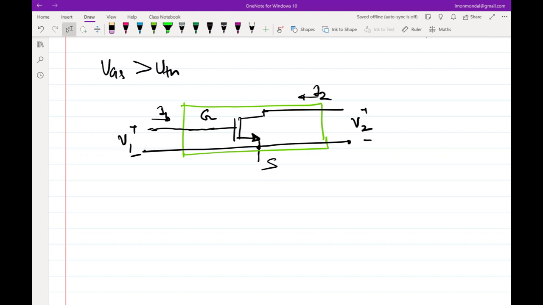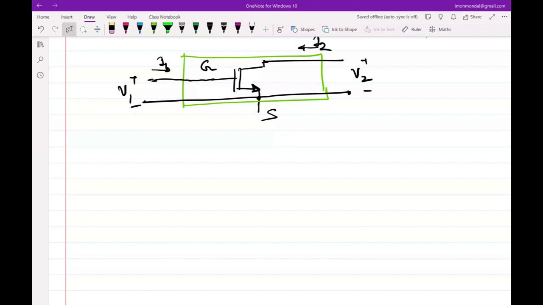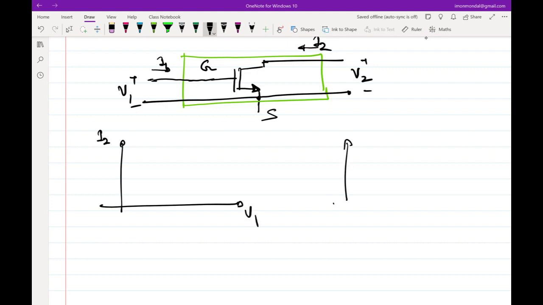So of the 4 quadrants of IV that we are interested in for 2-port parameters, 2 quadrants we don't have to bother about at all, because they are unambiguously 0. The other 2 quadrants that we have to worry about are I2 versus V1 and I2 versus V2.